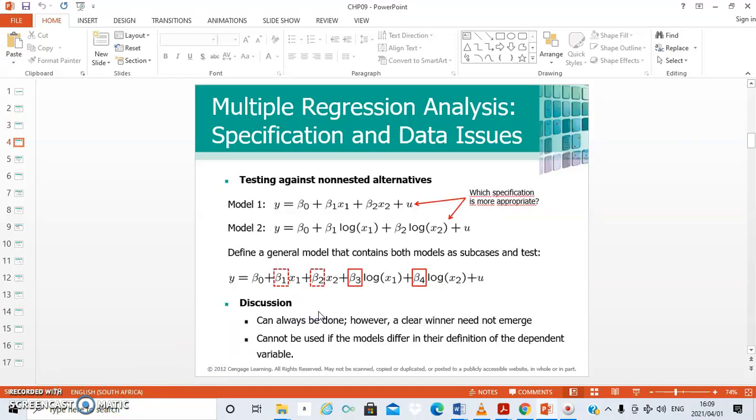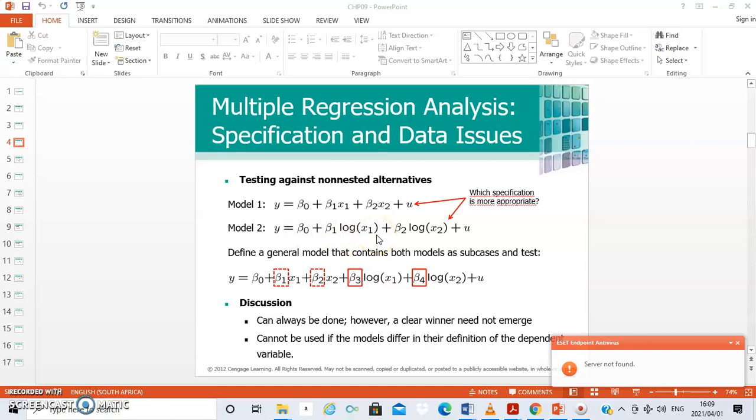we can use a number of ways to test for this. One way is to test nested models against non-nested models. Let us assume that we have two models: one which is specified in its level form, and another where the explanatory variables are in log form. But you can see that the dependent variable is defined the same.